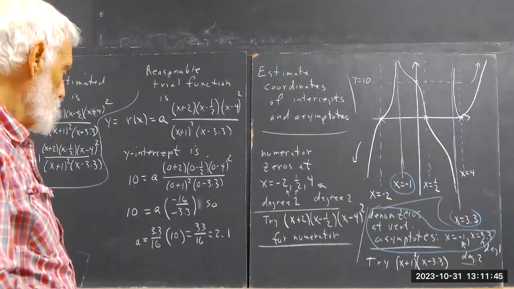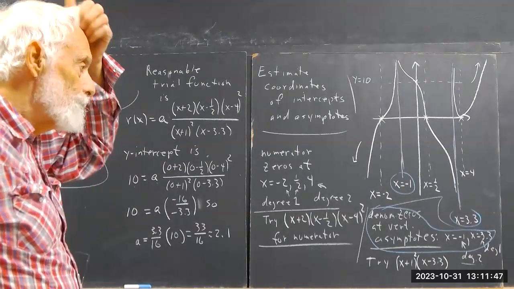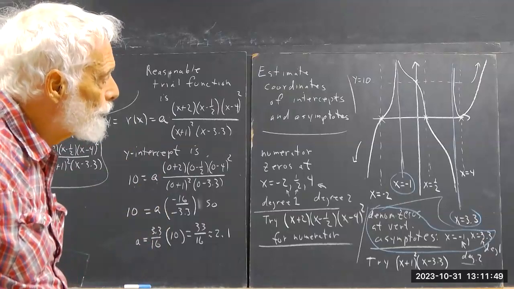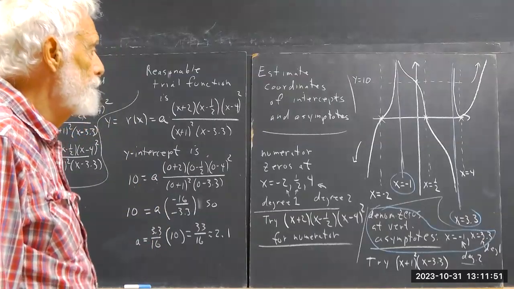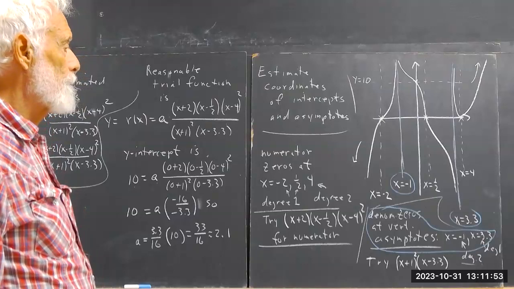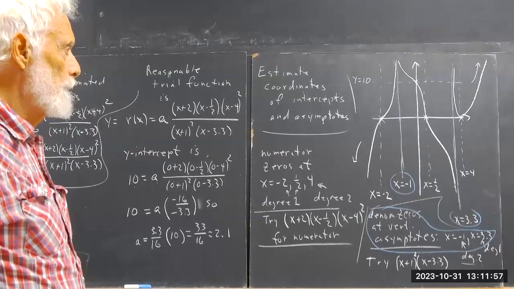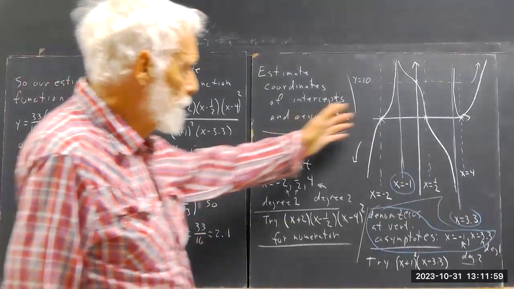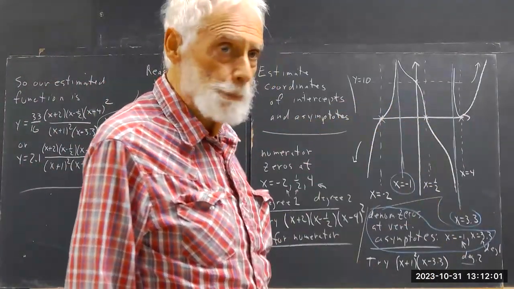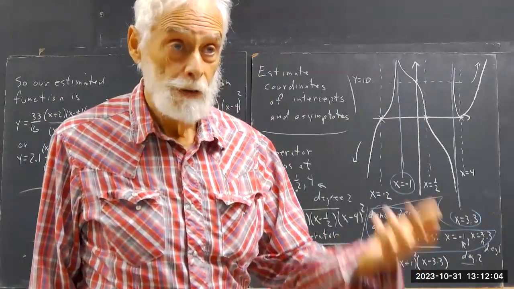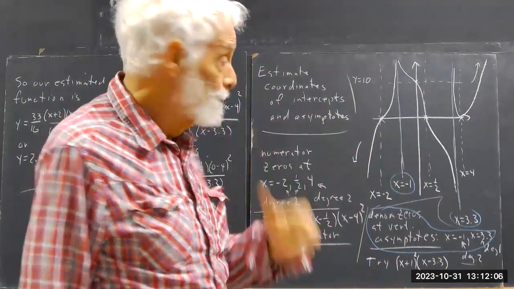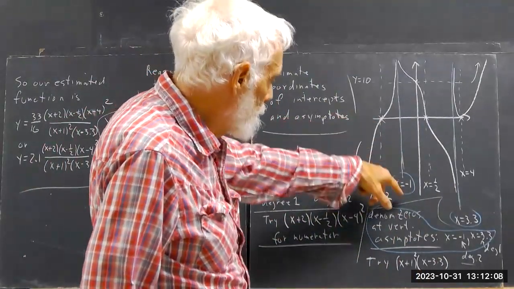Now, what I want you to do is change something in the way the graph is drawn, because as I said, there are various ways you can draw this graph. You could come up here and turn around.